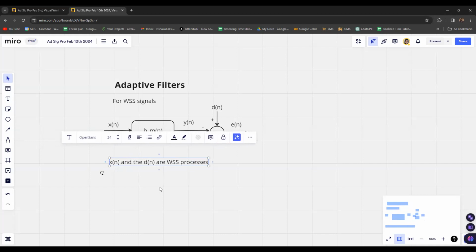Because of this WSS nature, the statistics of these signals xn and dn are not going to change over time. Because of that, the values of the filter coefficients also are not time varying.